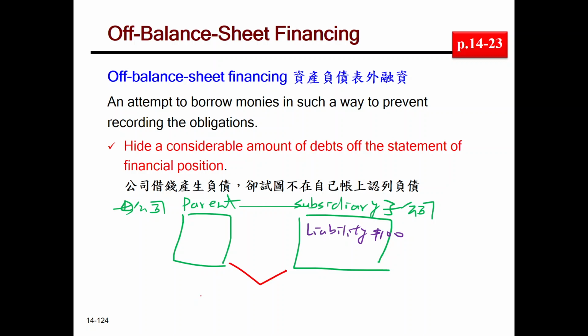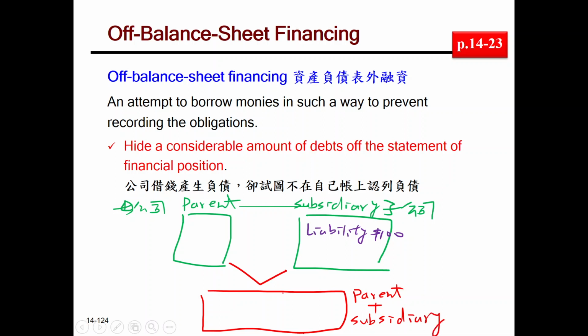So we ask you to combine parent plus subsidiary. When you combine two into one, then will you find the liability of 100? Yes. So right now, most companies use this one. We call it consolidated financial statements, 合并报表.